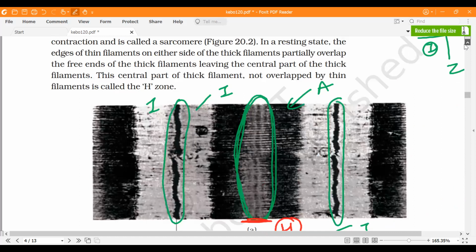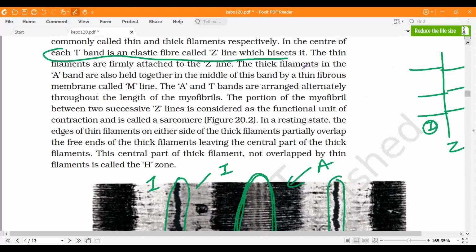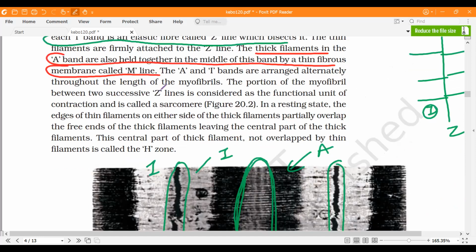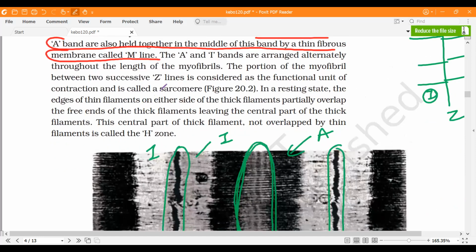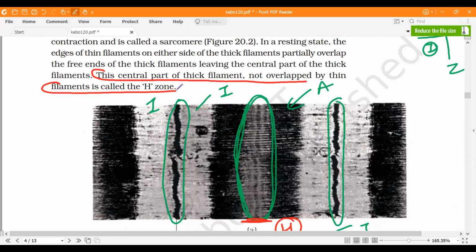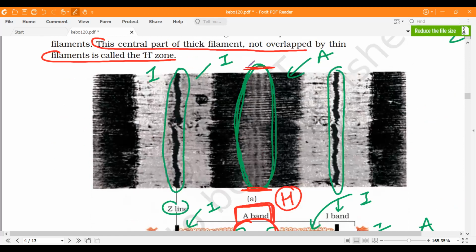They have mentioned that the thick filaments are held together in the middle by a thin line termed as M line. The central part of the thick filament, which is not overlapped by thin filament, is what we call the H zone. As you can see, this is the H zone.